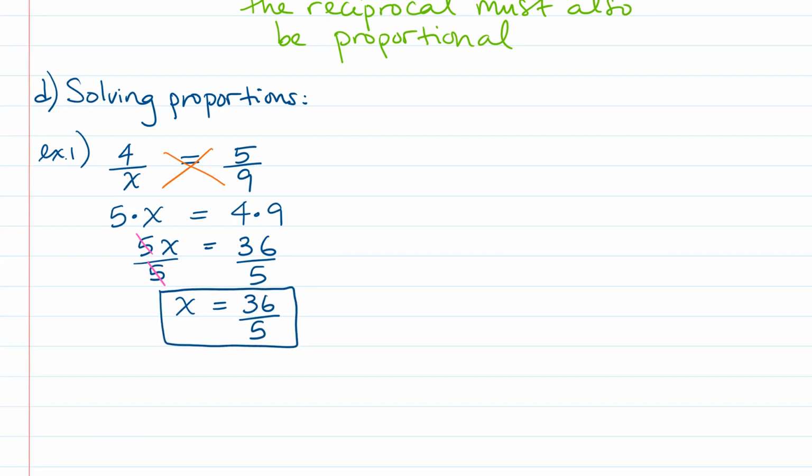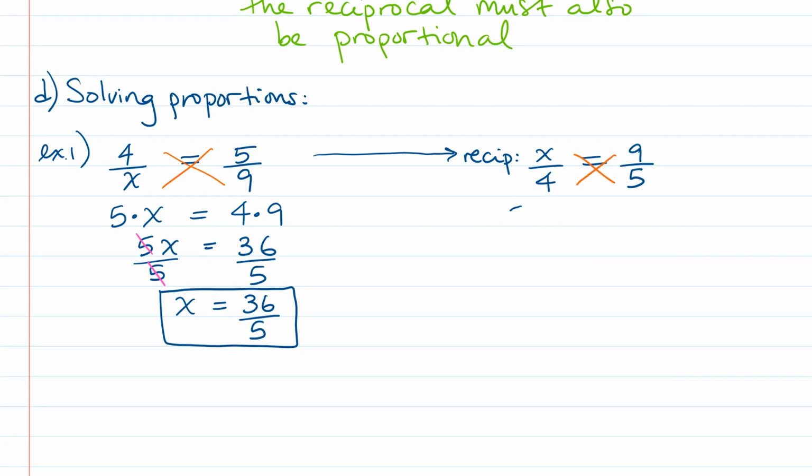Going back to the reciprocal of proportions, I'm going to show it to you here on the side. If we take the reciprocal of 4 over x, which is x over 4, equal to the reciprocal of 5 over 9, which is 9 over 5, we could also solve for x in the same manner using cross multiplication.